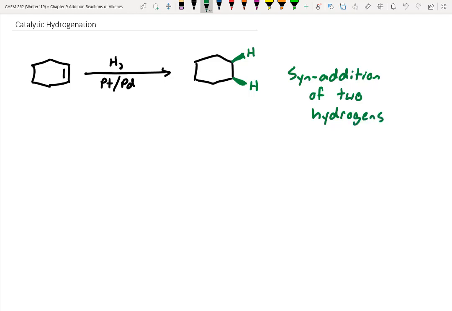I'm not going to show the mechanism for this. It actually occurs at an interface between the solid part of your catalyst and the solution itself. So we're not going to get into it, but it helps explain the stereochemistry because essentially it docks with the surface and can only install on the same face as that surface.